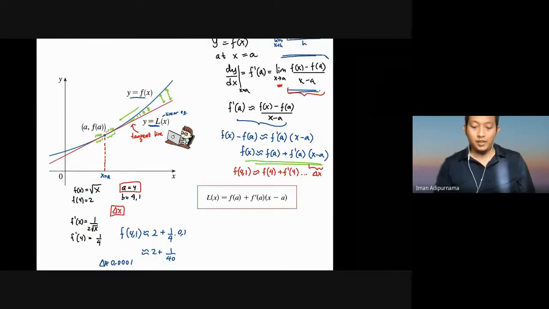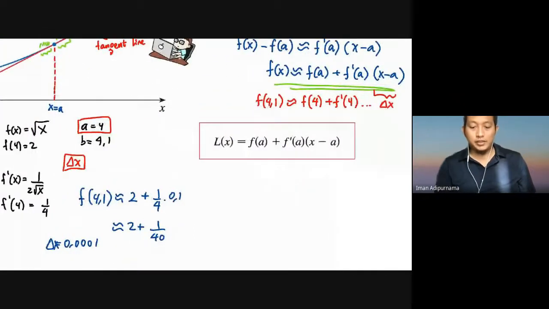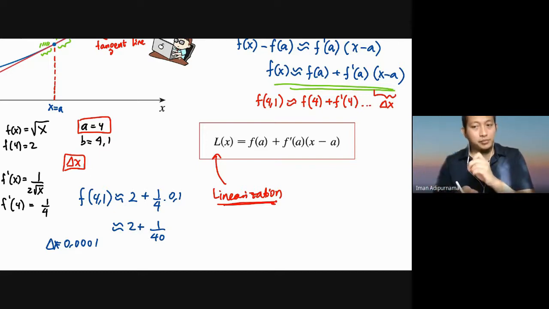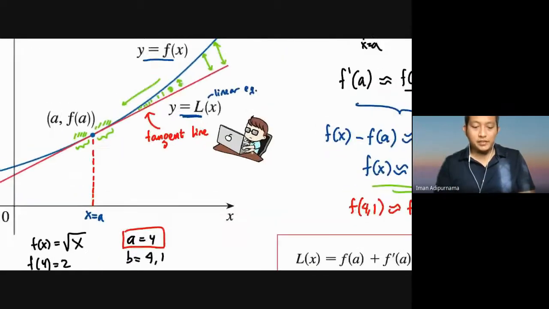Here we also call this linearization. What linearization means is you have a function, and you want to observe it at a certain point and make that function linear. You cannot use a number that is not close enough.